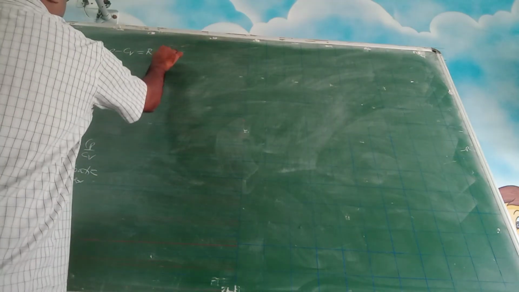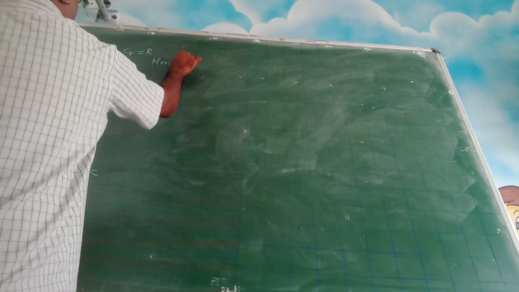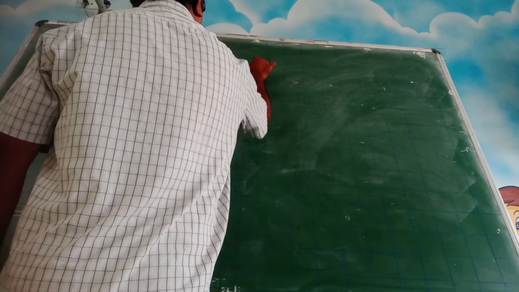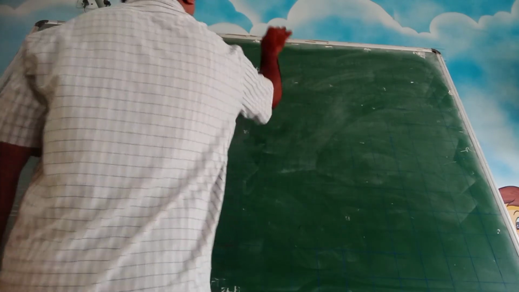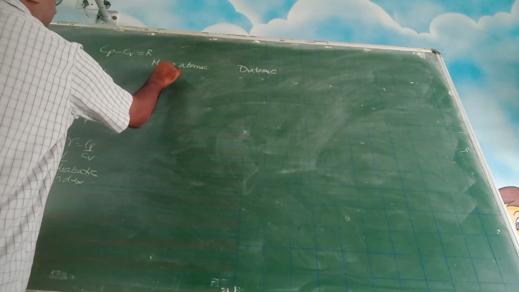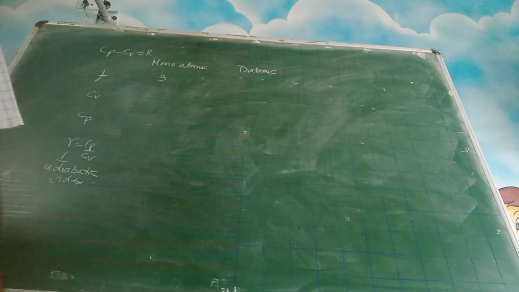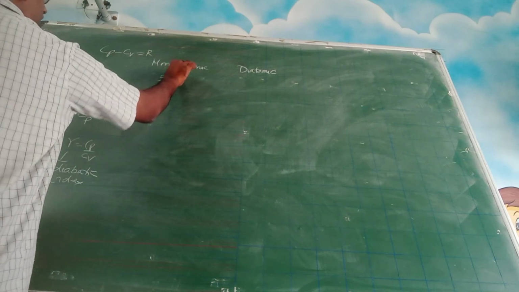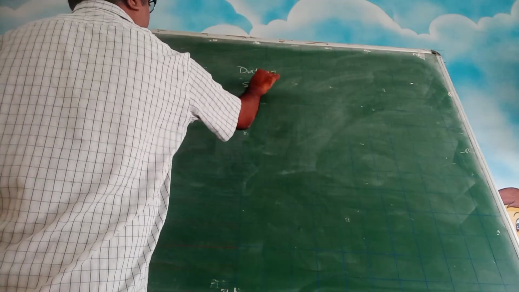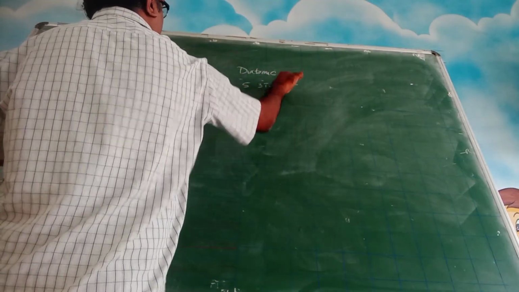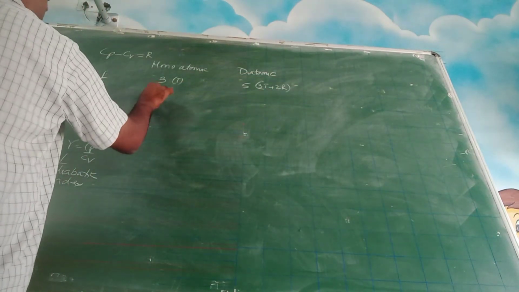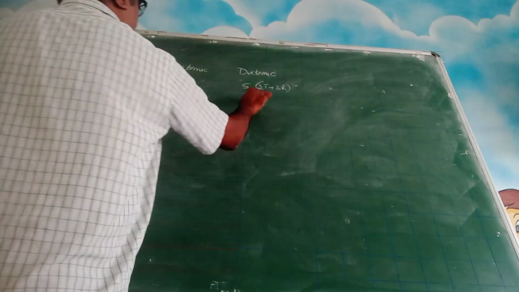So here you have monoatomic type of molecules and diatomic molecules. Monoatomic we have discussed, it has got 3 degrees of freedom, all are translation, and diatomic is 5. It has got 3 translation plus 2 rotation. So this value is 3R by 2 and this is 5R by 2.